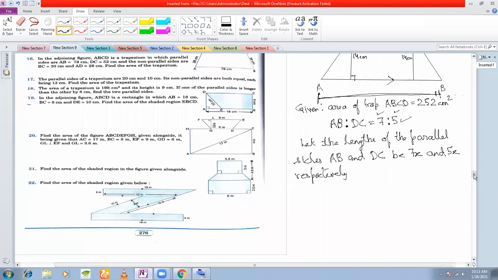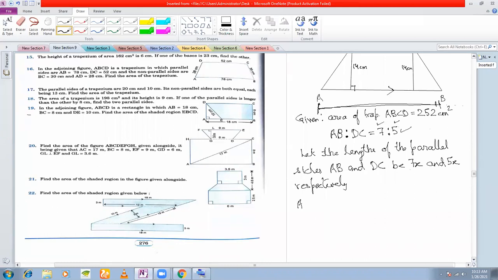Now we write the formula for area of trapezium. Area of trapezium ABCD is equal to half into sum of the length of parallel sides into height.